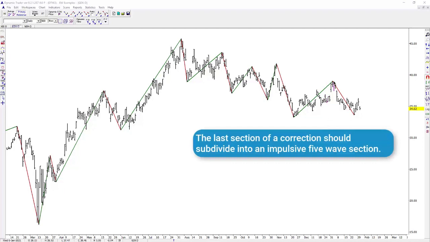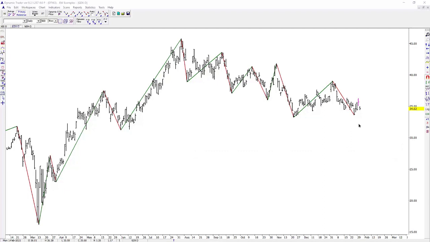So from any peak, if we can identify when the next declining section is at or near completion, in other words, when it has completed a 5-wave trend, then it would be in a position to have completed the entire correction.